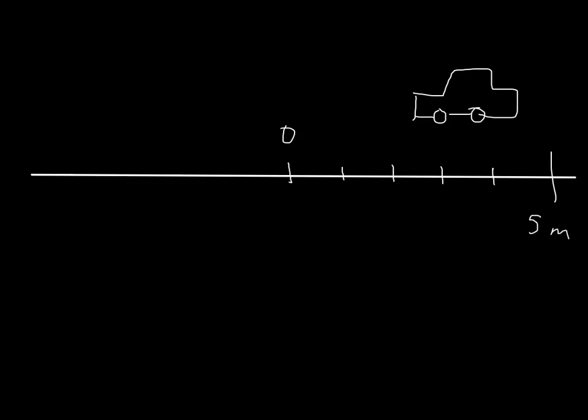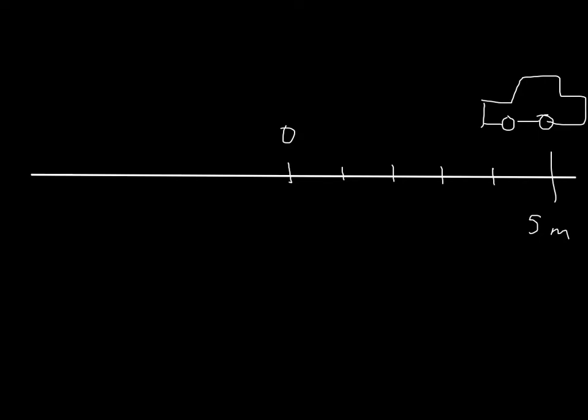Now, the first thing that we will talk about is, of course, speed, because that's the one you're familiar with, right? So imagine that this guy moves a distance of 5 meters in 1 second. Well, then it's moving at a speed of 5 meters per second, because the speed just tells me how many meters I move every second, or how much distance I do every unit of time. So my unit of time could be hours or years, but in this case, my unit of time is a second, right?